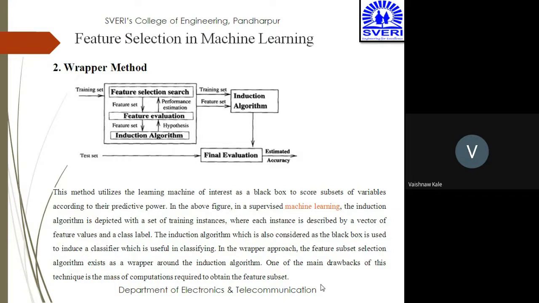You keep on selecting feature subsets by first searching the features, then evaluating, then the induction algorithm is applied, a hypothesis is made through it, and then the performance is estimated. Then the training set and feature set are given to the induction algorithm, which may be a classifier or regressor, and then to the final evaluation, where the test set is tested with the algorithm to estimate the accuracy. This is how the wrapper method works.